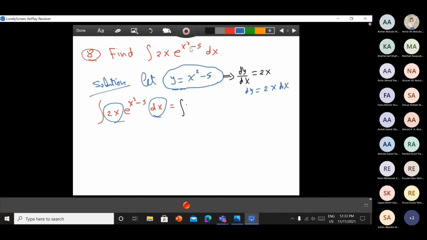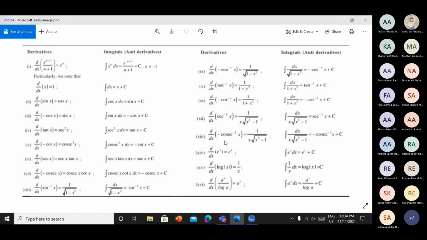Okay. So this one will equal to what? Yes, the integration of e to the y, and instead of 2x dx, I will have dy. Now, yes, I will go to my table. I know the integration of e to the y dy will equal to e to the y plus c.